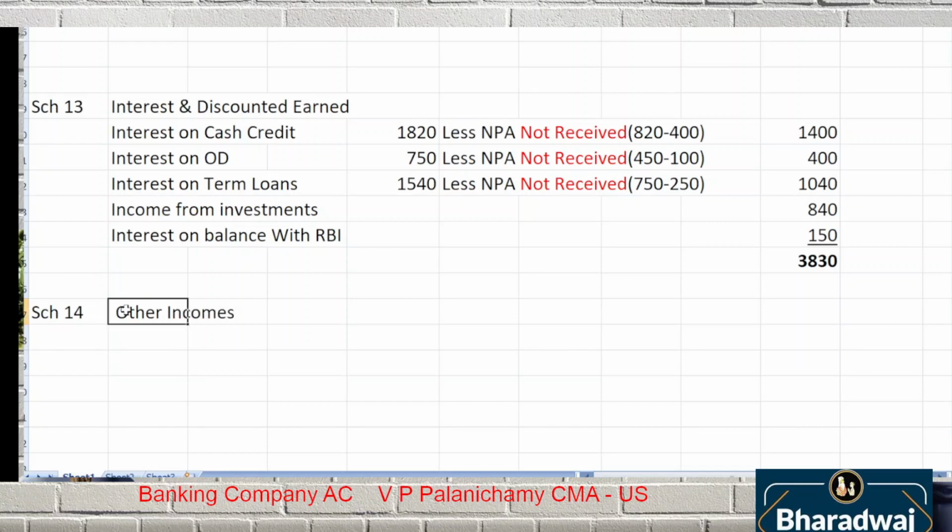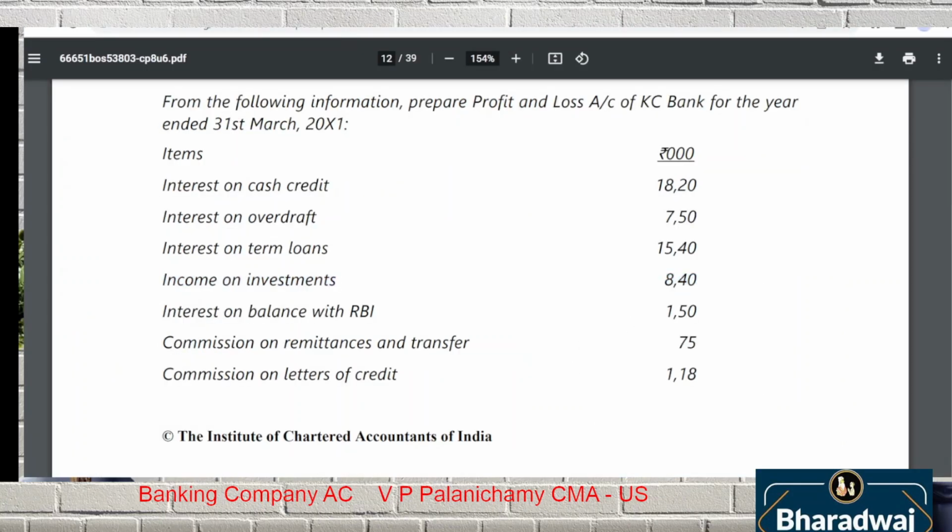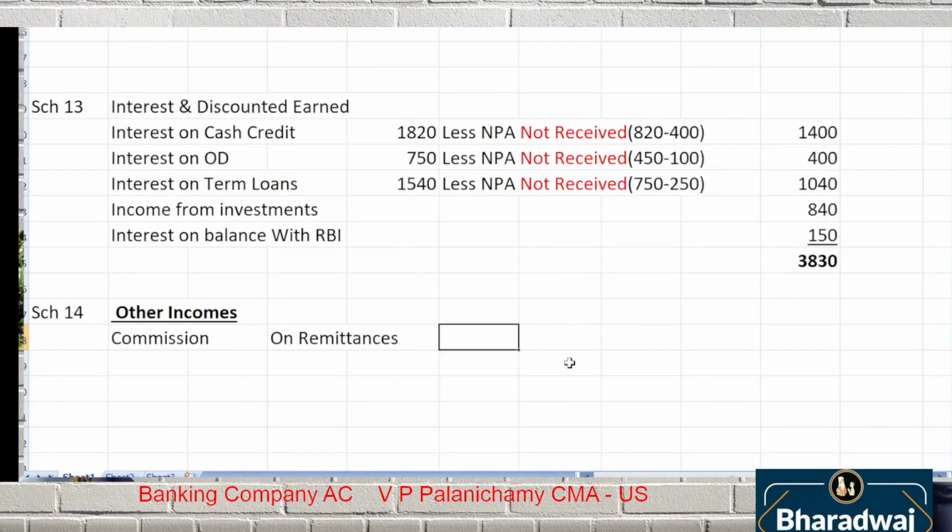Record other incomes. Commission on remittances, all types of other incomes. Commission on letter of credit also. Next.